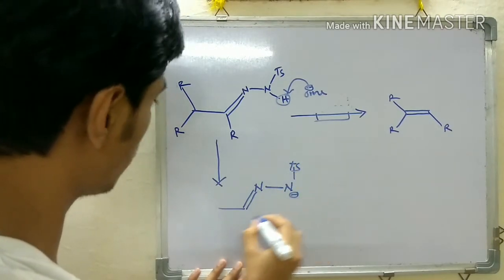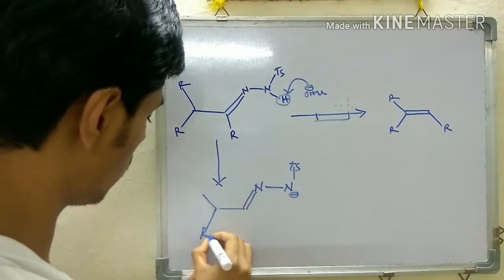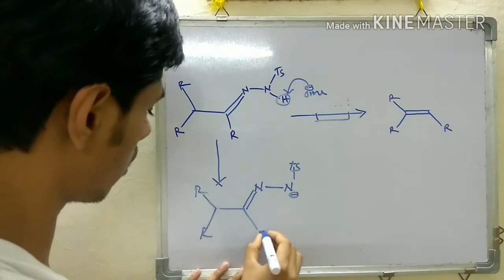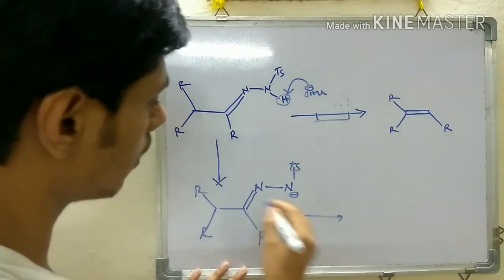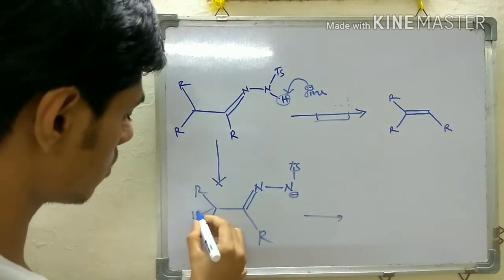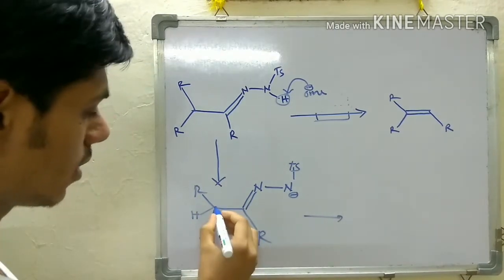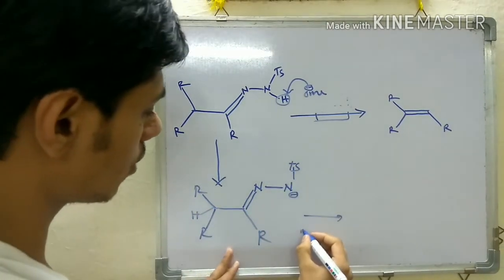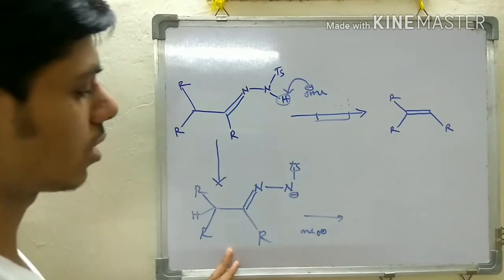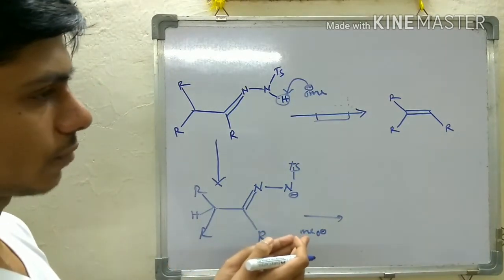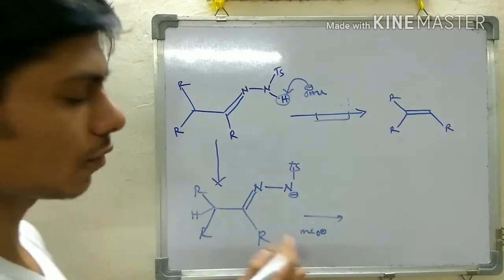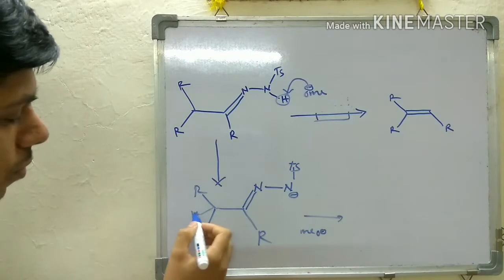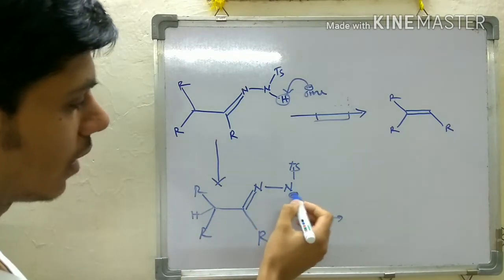Ts minus, and now this R, here another R. Although this hydrogen is also slightly acidic, the basic condition used in this case is sodium methoxide, so it is not basic enough to deprotonate this hydrogen in the presence of the negative charge here.